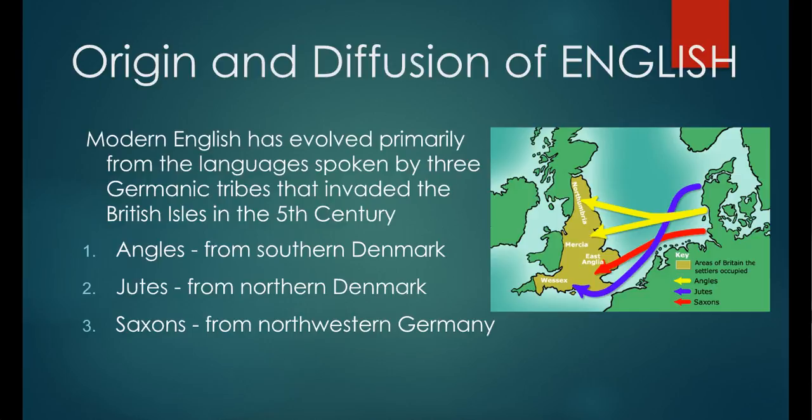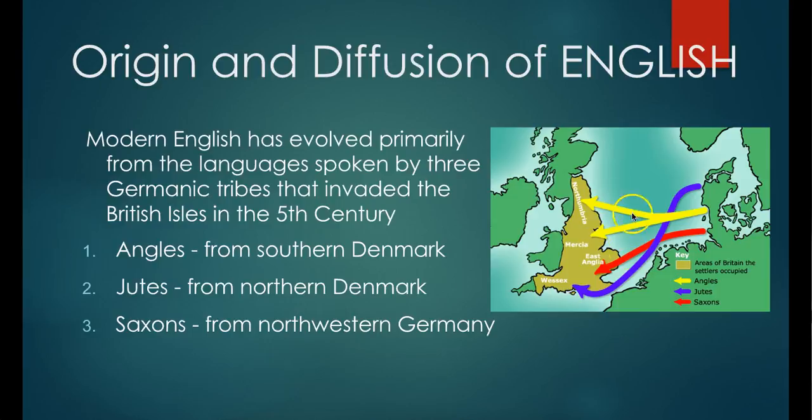A couple ideas is you have these Germanic tribes from the mainland of Europe that are slowly going to invade England. At the time, you have the Angles, the Jutes, and the Saxons, which are all going to invade this area. The different parts that they invade are also going to play a role in the different dialects that they even have today.